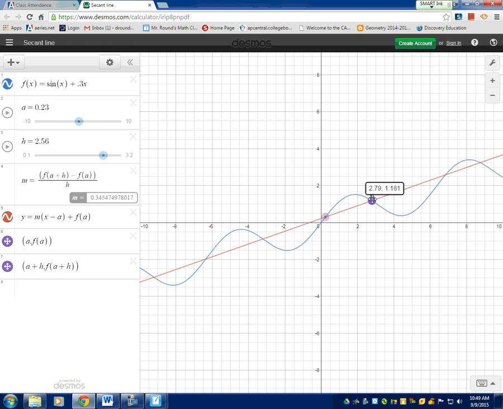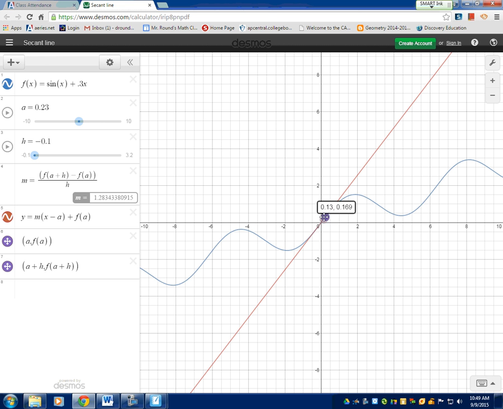You could find the slope, there it is, 0.345. But as I slide this closer, so it's right on top of it, there's our instantaneous rate of change. And there's the slope here. I put the difference quotient up here: f of a plus h minus f of a over h.